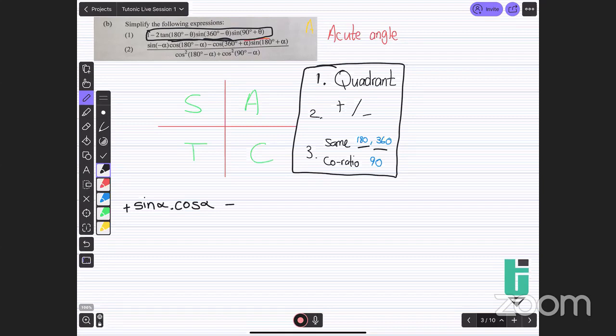Is that in the first quadrant? Yes, it is in the first. So it will be positive. If it's 360, it will stay the same. So minus cos alpha.